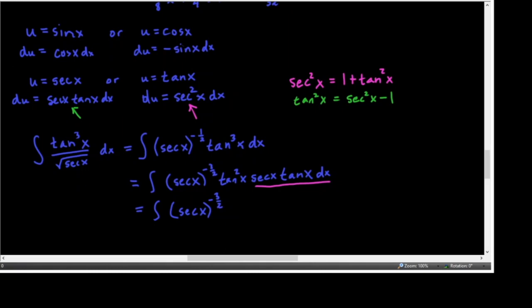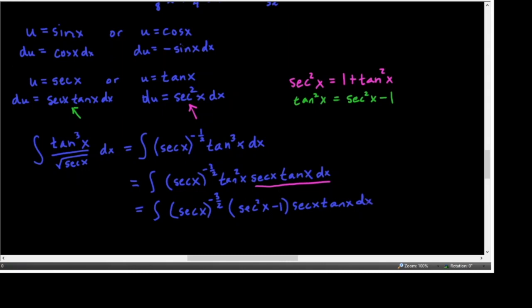And I'm going to rewrite tangent squared as secant squared x minus 1, using that green formula up above. Secant x tangent x dx.